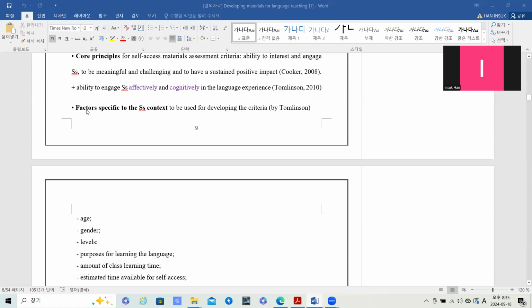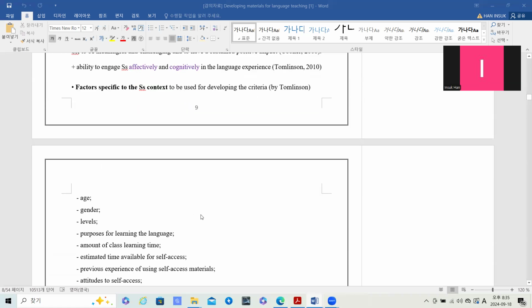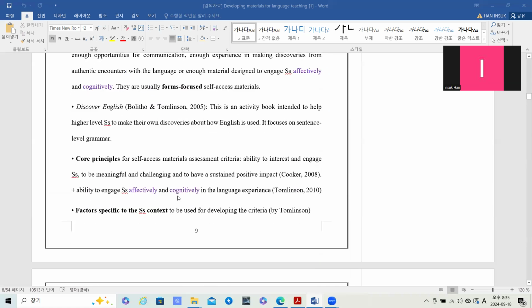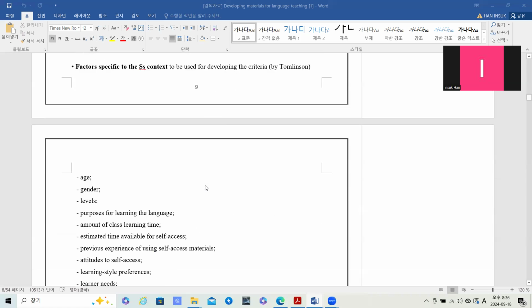Let's look at the next one. Factors specific to the student's context to be used for developing the criteria. This means that by considering these specific factors, the self-access materials will be more effective and appropriately designed.